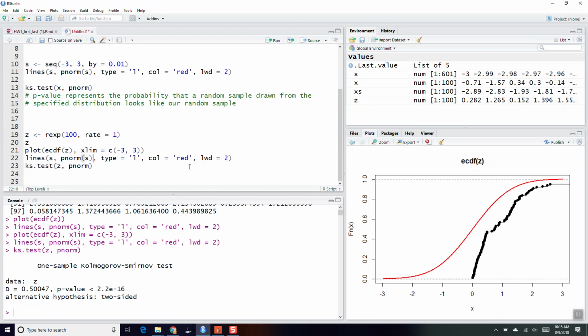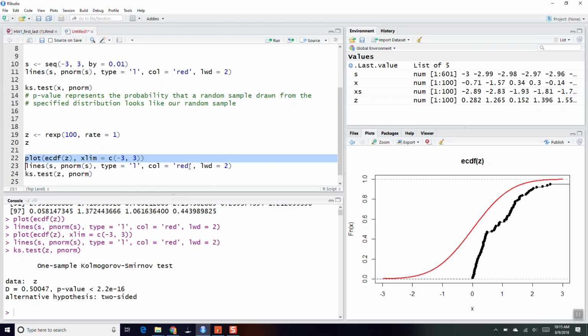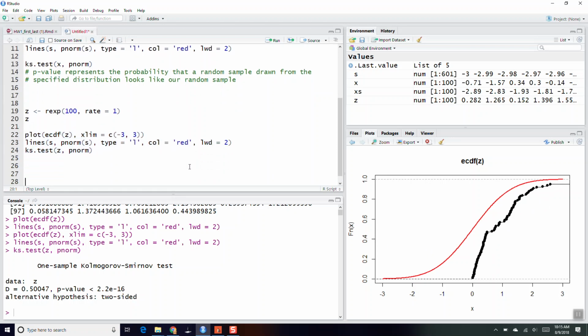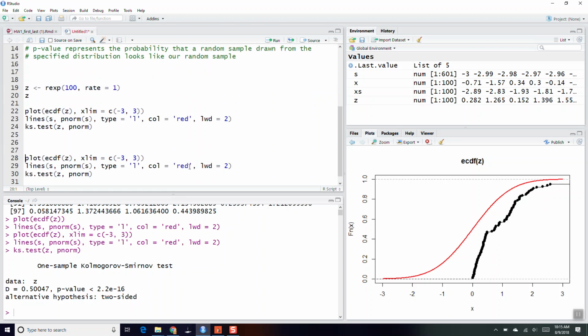But if I take our same data, but instead of using pnorm, let's do the exponential distribution.